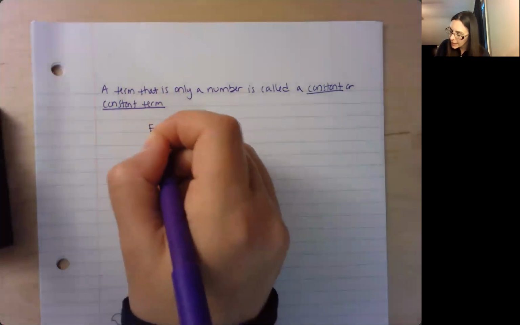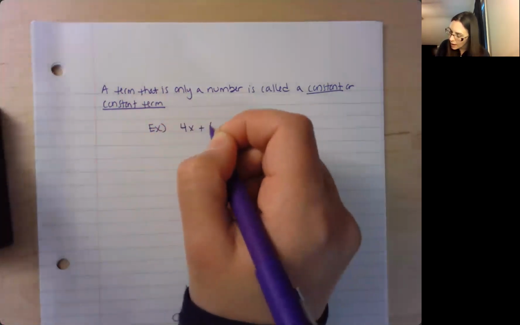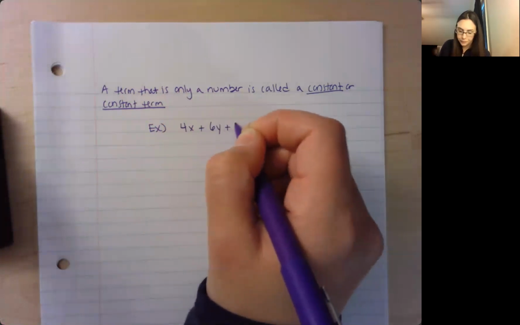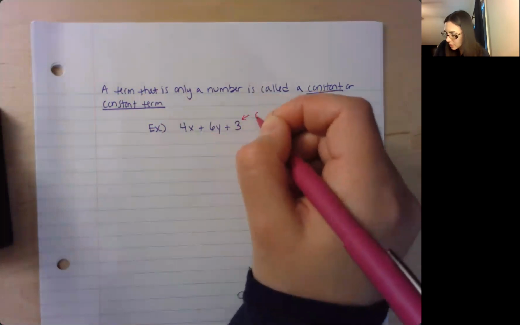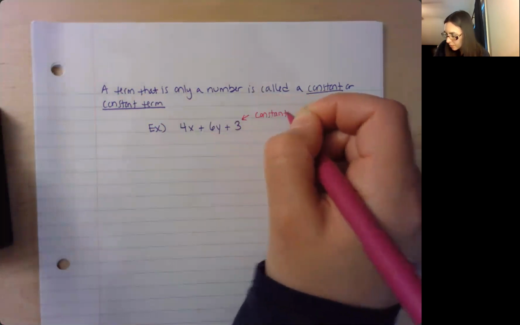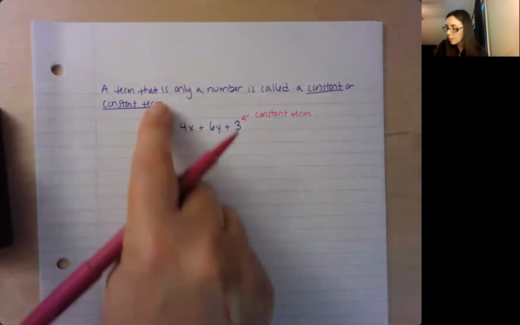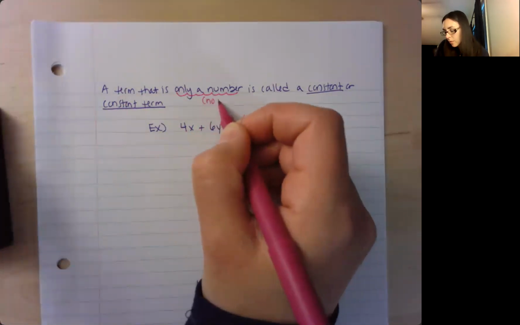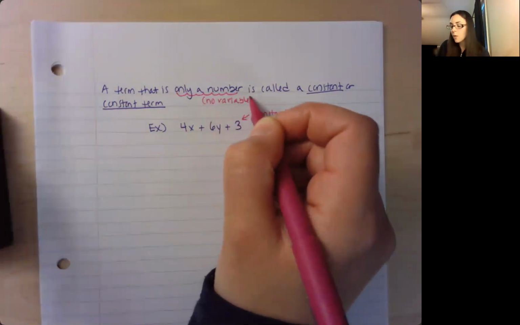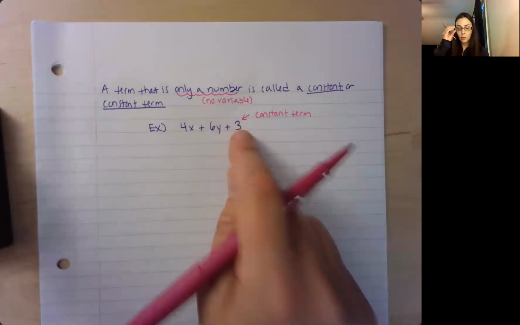So for example, let's say I had 4x plus 6y plus 3. This right here is your constant or constant term. Not every example has to have one, but if it's only a number, so no variable, then you have a constant term. Usually we just say constant. So if you hear someone refer to the term constant, that's what they're looking at.